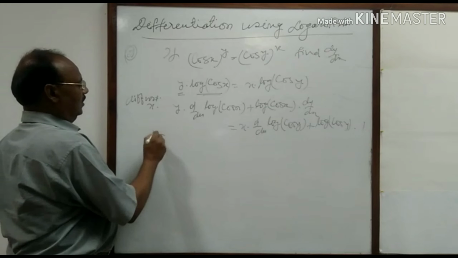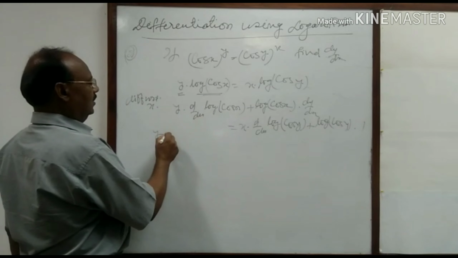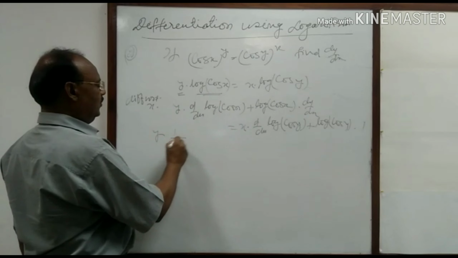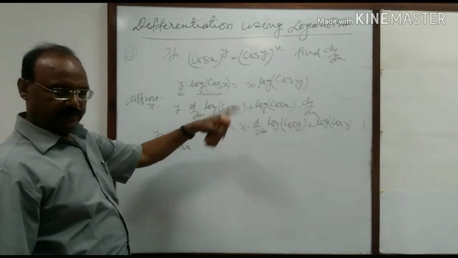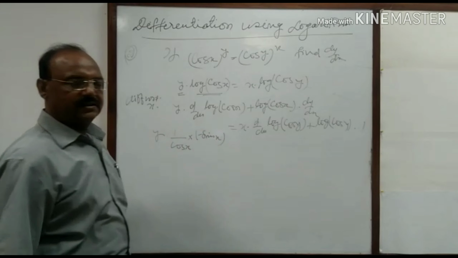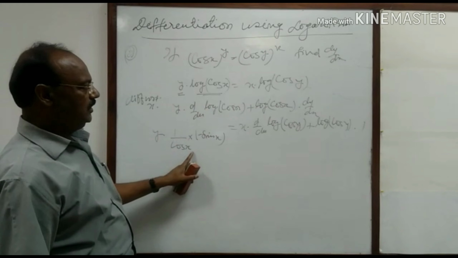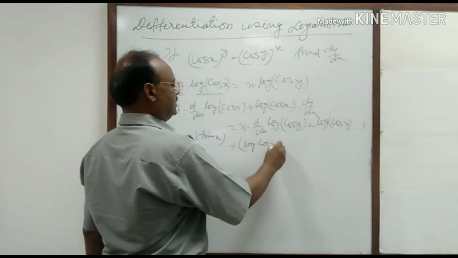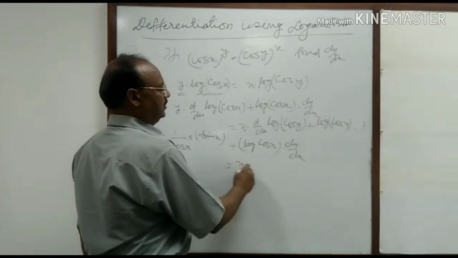Next step, this is y, and the derivative of log x is 1 by x. So we can write here 1 upon cos x into derivative of cos x with respect to x by chain rule, so this will be minus sin x. So this is y, and we have got the derivative of this much here. Next term, log of cos x, into derivative of y with respect to x. This is equal to x.